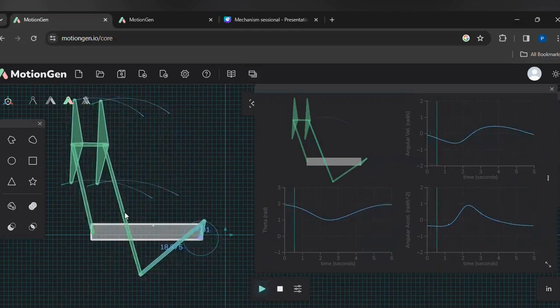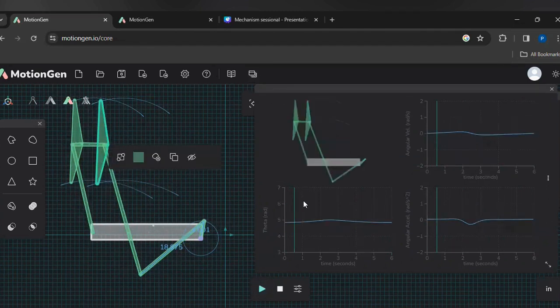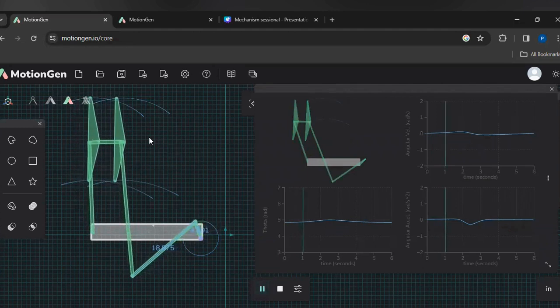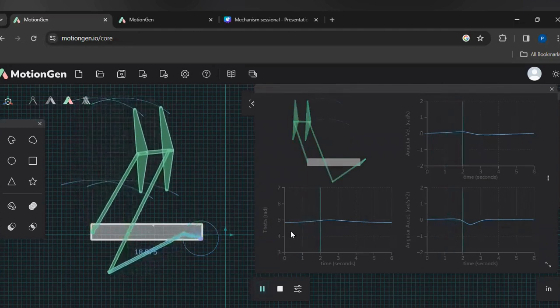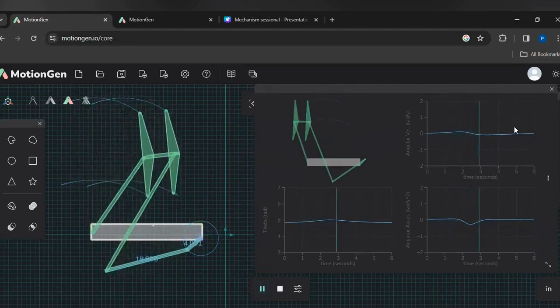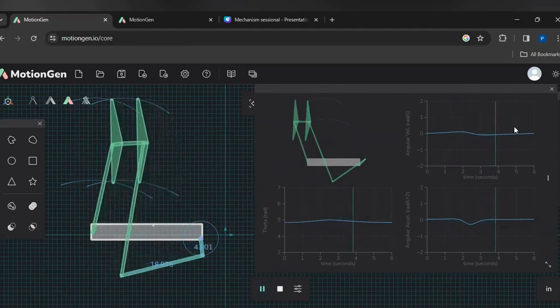Our output link is connected to our wiper, and we can also see its analysis. So this is our analysis of a wiper blade. It's almost a straight line. It's not straight, but it's almost straight.